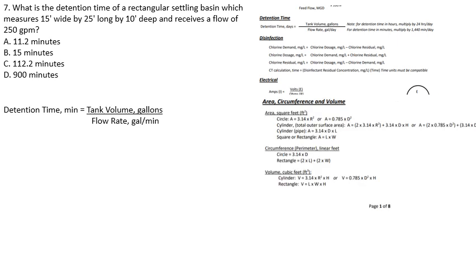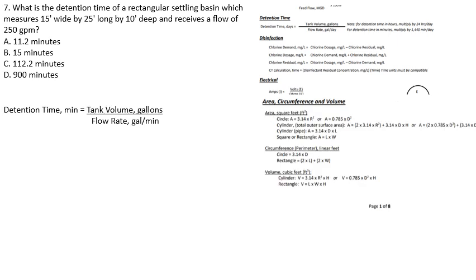Question number 7. What is the detention time of a rectangular settling basin which measures 15 feet wide by 25 feet long by 10 foot deep and receives a flow of 250 gallons per minute? Formula for detention time: tank volume in gallons divided by flow rate gallons per day. In this problem, it's in gallons per minute.